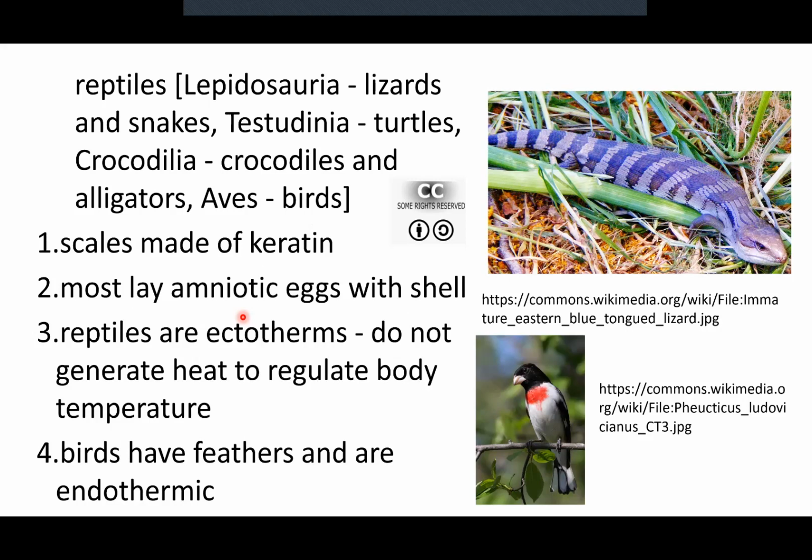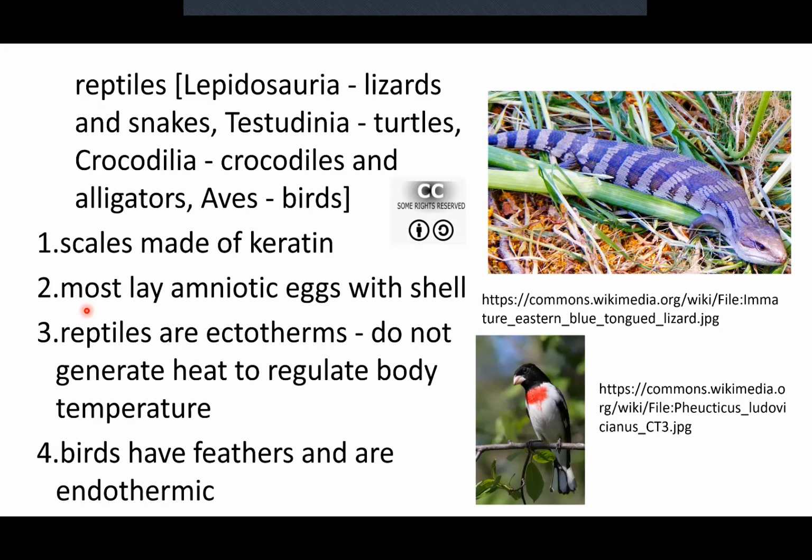I don't know if all of the whiptail lizards reproduce asexually, but a lot of them do, where all of them are female. They have this mating dance with another lizard, and then I guess the eggs can turn into embryos. It's kind of weird, but interesting.